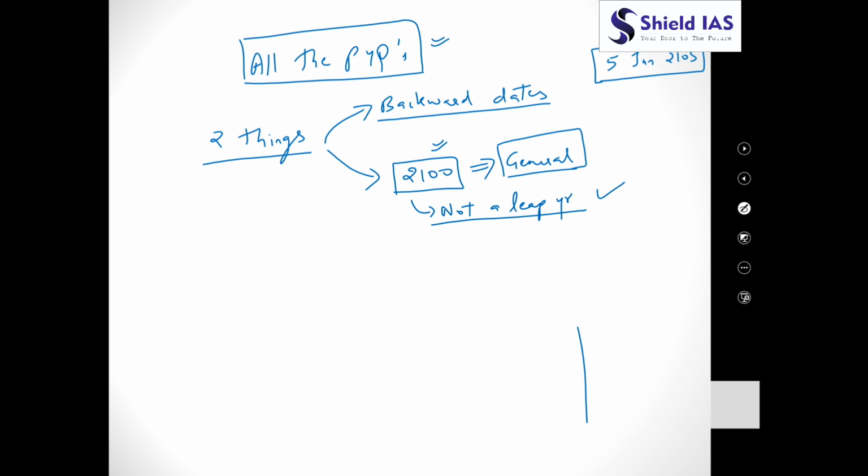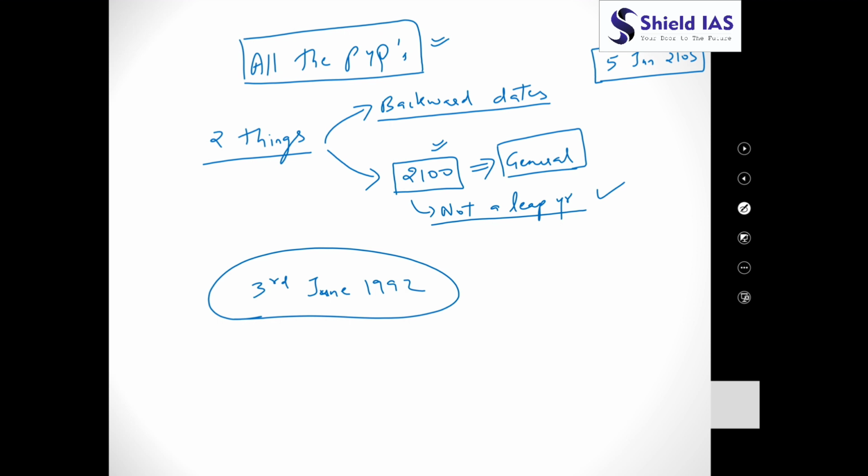Yes. So you can directly tackle 2100, but how to solve a particular question if, let's say, UPSC asks what was the day on 3rd June 1992. Let's say this is the question which the UPSC asks. Yes, and the reference day remains the same, 1st January 2023, and 1st January 2023 is a Sunday.